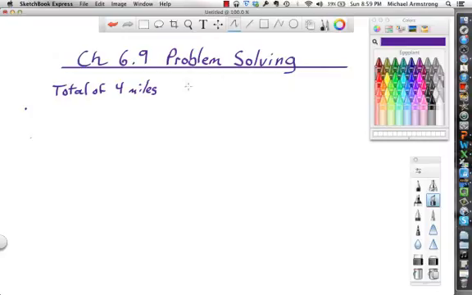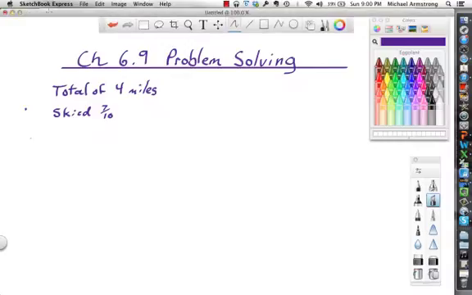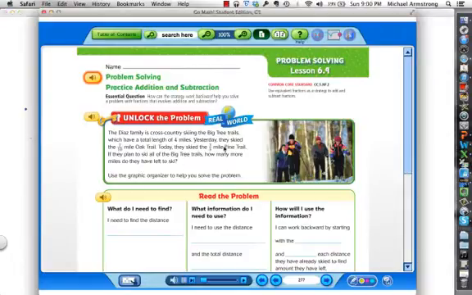So they skied 7/10 of a mile, and then they skied a 3/5 mile trail. So the other one is the 3/5 mile trail. And the question is, if they plan to ski all of the Big Tree trails, how many more miles do they have left to ski?